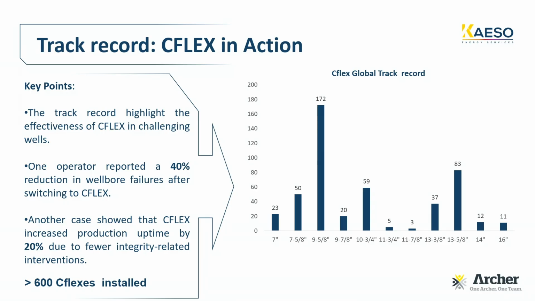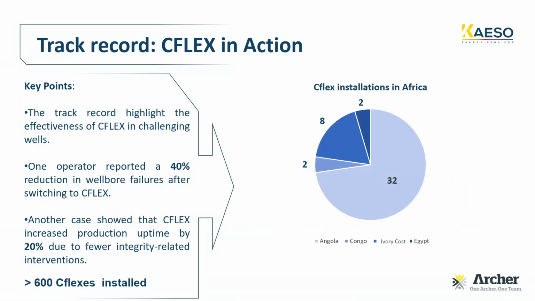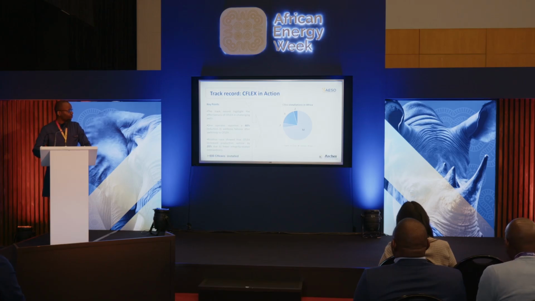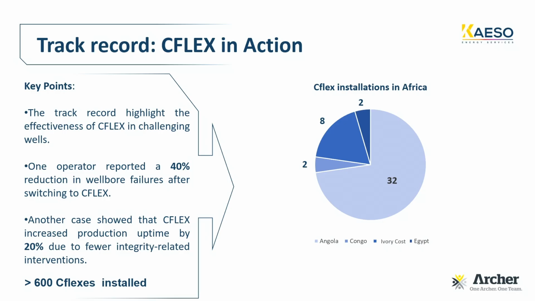If we look now at the CFLEX in the continent, what have we done with the CFLEX in the continent? We've run 2 CFLEXs in Egypt and Ivory Coast. We've run 8 CFLEXs in Congo. And in Angola, we've done 32 runs.